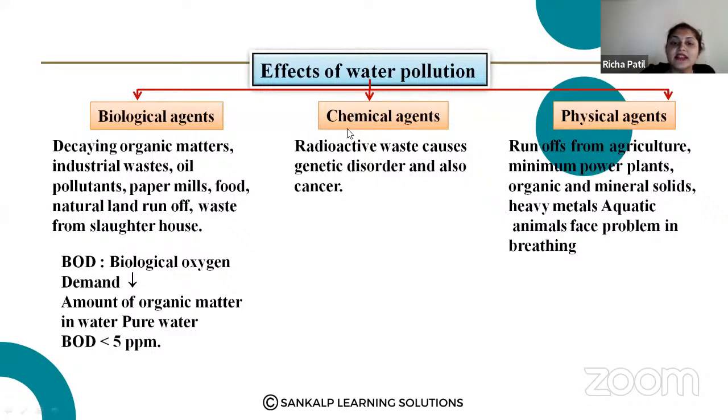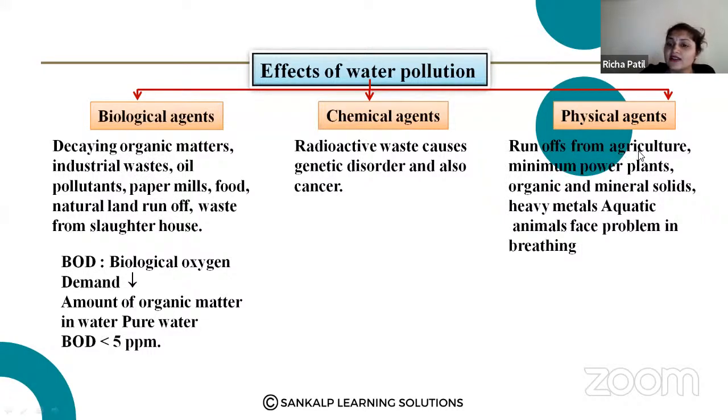Then in chemical agents like radioactivity, whenever you do some radioactive work in industry, there is some active waste. What will it cause? It will cause genetic disorder, and it will also cause cancer. Whenever such radioactive waste is in any of your water sources, if you drink such water, it will cause genetic disorder and also cancer.